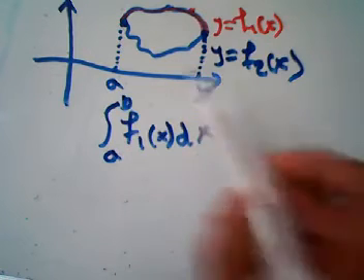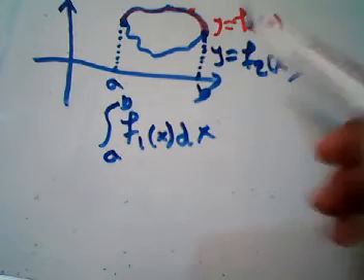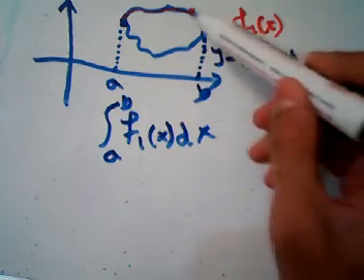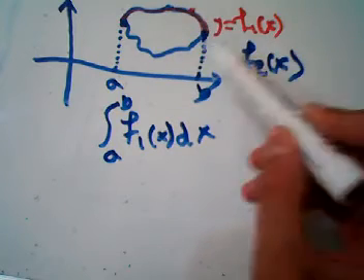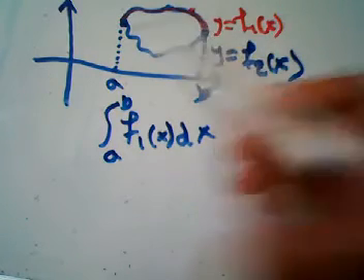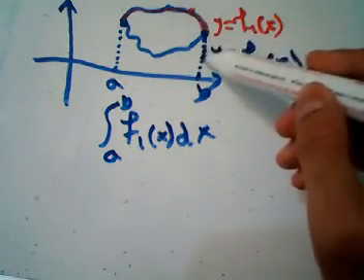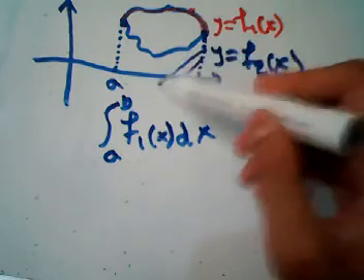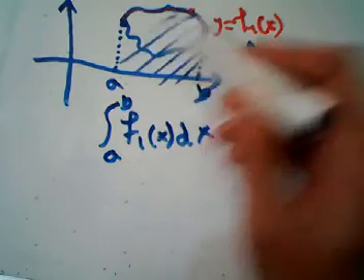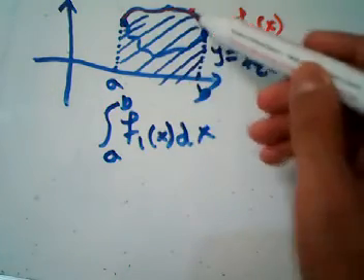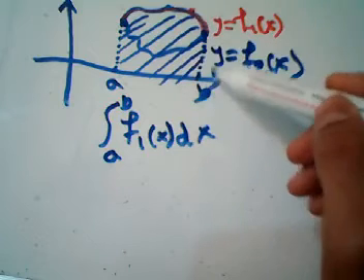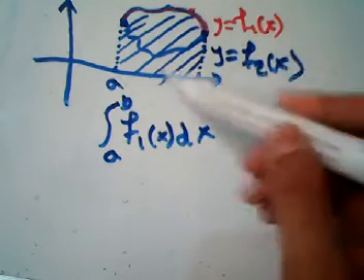Now the integral of f1(x) dx from a to b equals what? It equals the area under the red curve, which is this, under the red curve between a and b and above the x-axis.